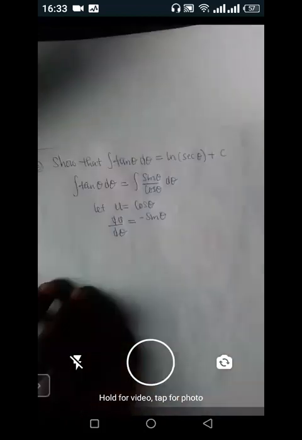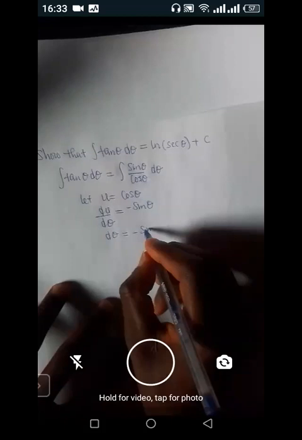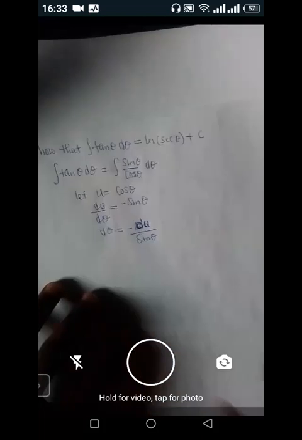You can let u equal cos theta, and then you find du d theta being equal to minus sine theta, and then your d theta is going to be minus du over sine theta. Isn't it?